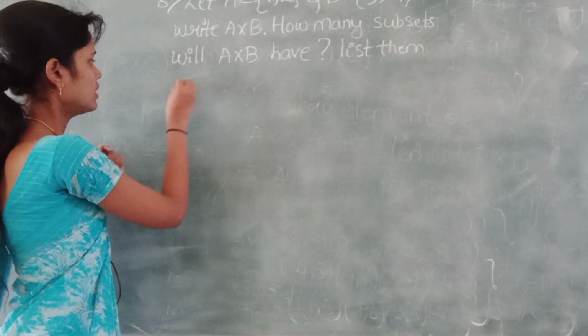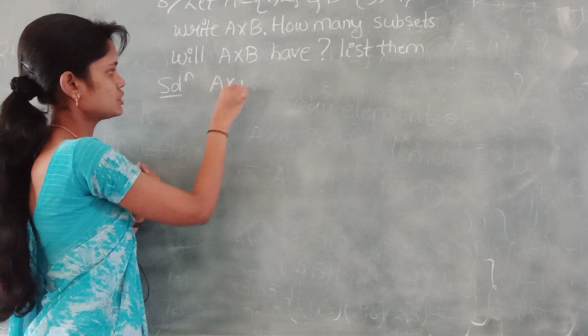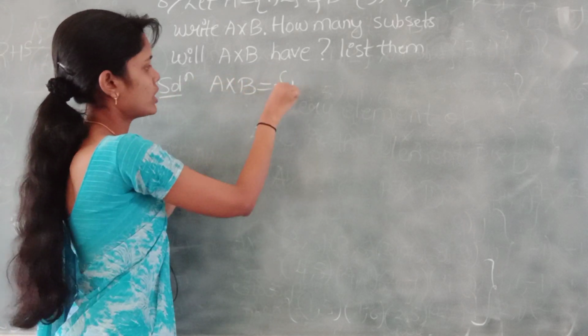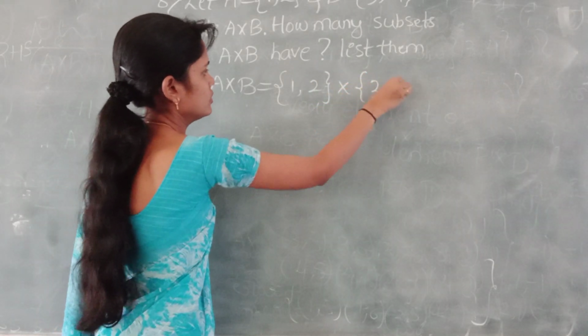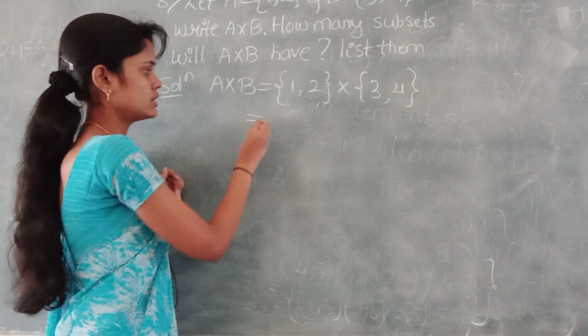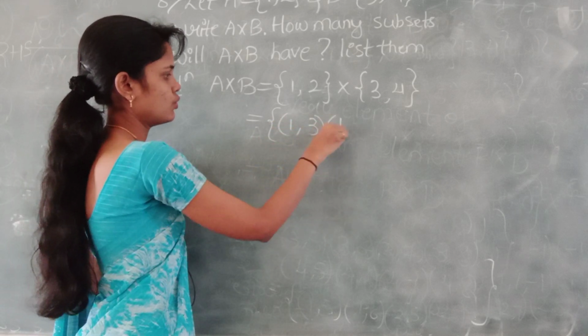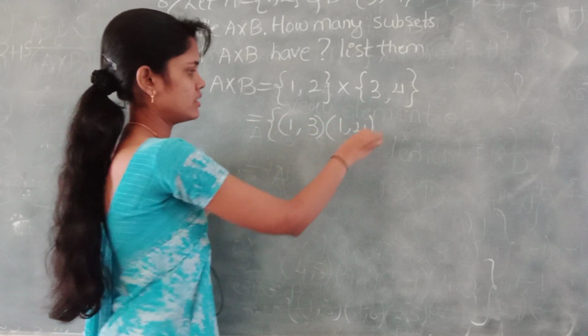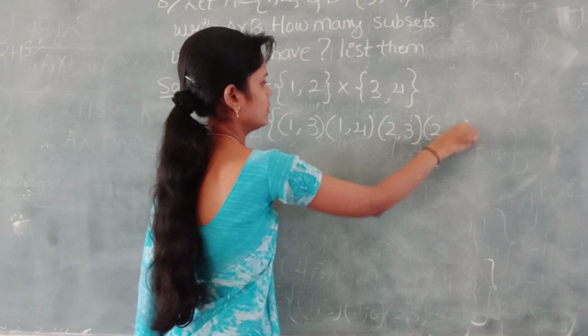So first, the solution: A cross B is equal to 1, 2 cross 3, 4, right. So the Cartesian product will be the ordered pairs 1, 3, 1, 4 and 2, 3, 2, 4.